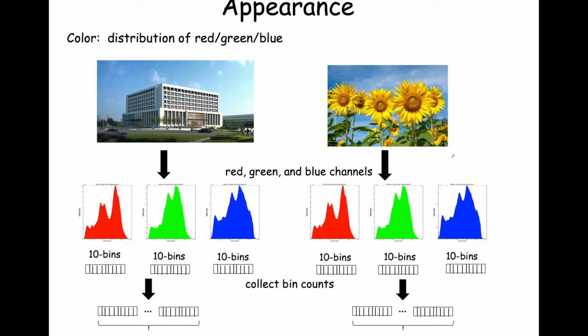So in this case, for each image, both the building image and the sunflower image, we're going to form a single 30 vector. 10 of those positions in the 30 vector are from the red color channel, 10 from the green color channel, and the remaining 10 from the histogram bins for the blue color channel. So we do this both for the building image as well as the sunflower image. So we get a single 30 vector that collectively, each one of the positions describes the color content for the respective images.